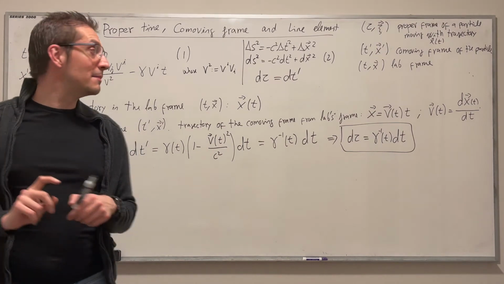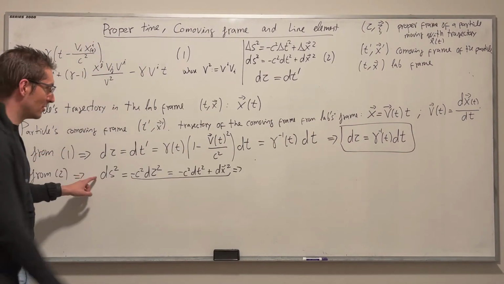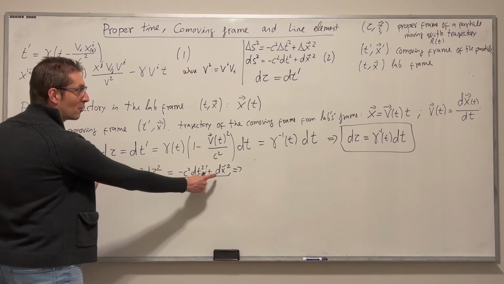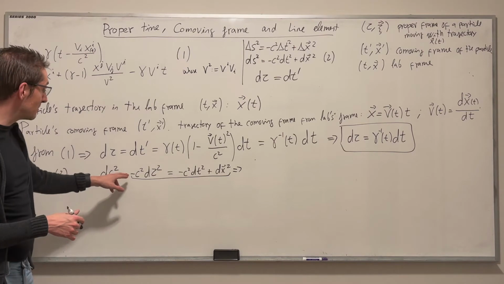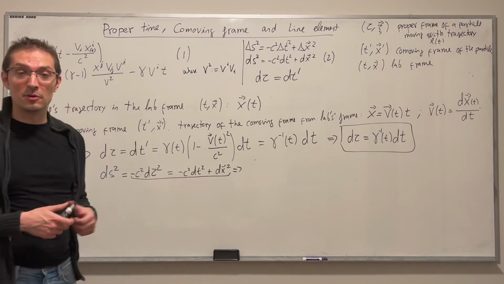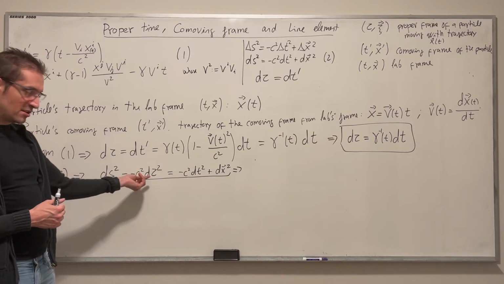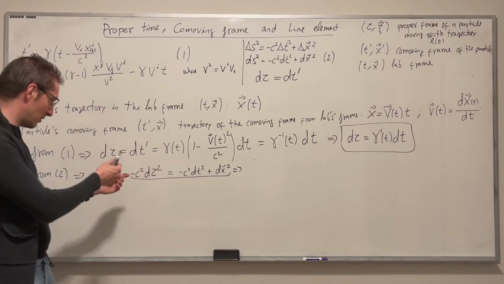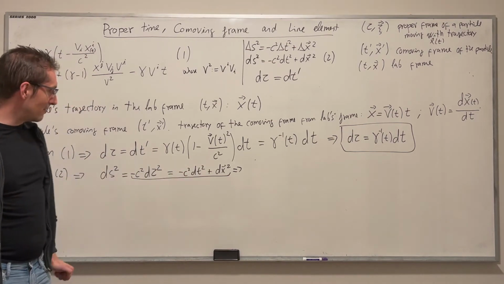Now, using the line element, we can write the following. We can write, of course, that the line element is directly in the lab coordinates, in the lab frame, but we also found out that in terms of proper time, it's just minus c squared d tau squared on the previous board. So we have an equality, the line element written as proportional to the element of proper time, and also written in terms of the lab frame.